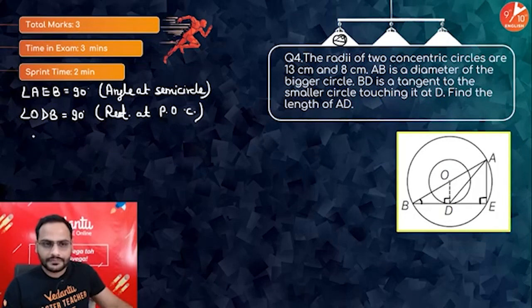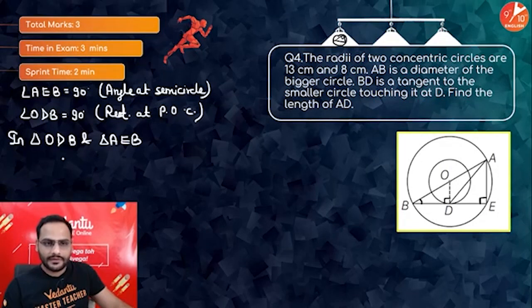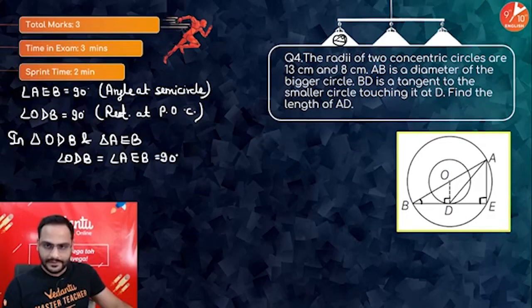So I'll say triangle ODB and triangle AEB. Will say, sir, angle ODB is equal to angle AEB, 90 degrees. Then angle OBD is equal to angle ABE, common angle.